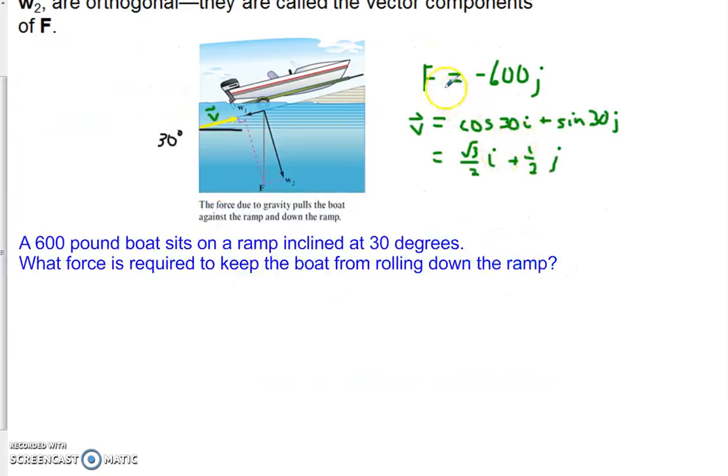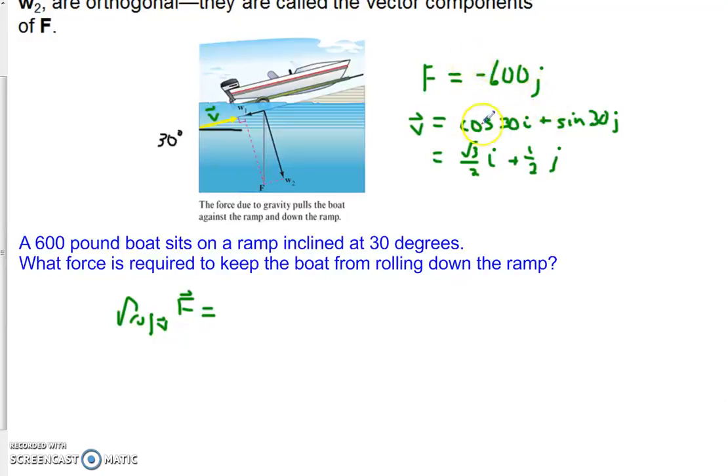Alright, at this time what we're going to do is take the projection of F onto this vector v. Sorry about the penmanship. The projection of F onto v is equal to the dot product of these two. So this is really 0i minus 600j, right?